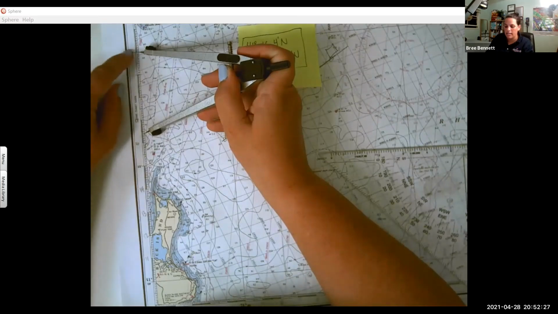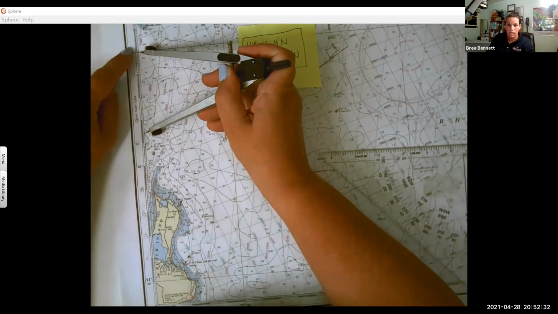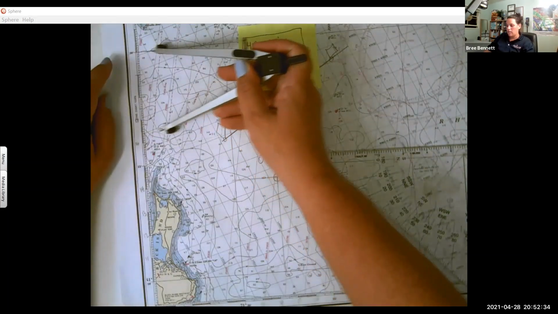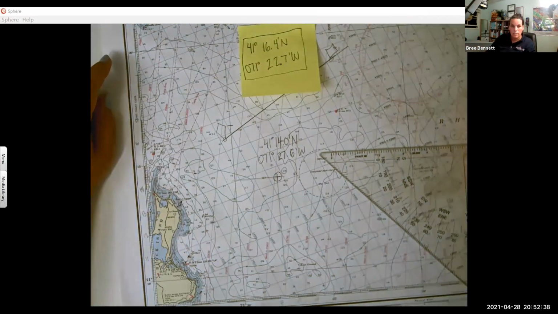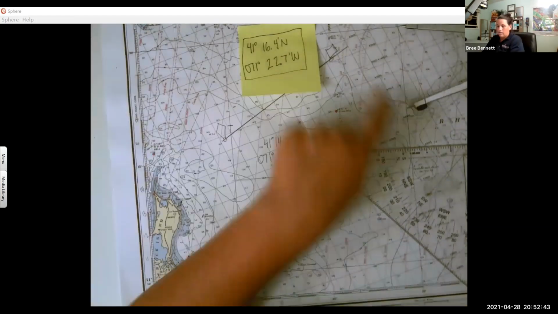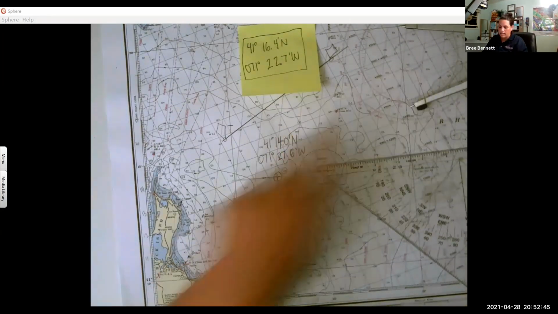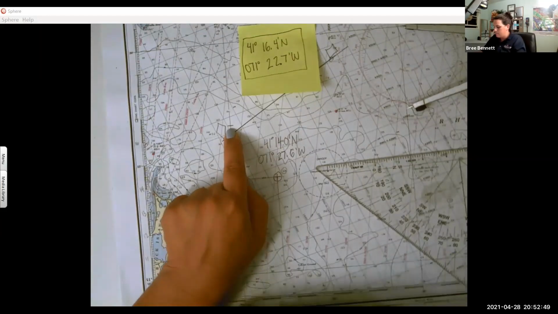So my bold line is at 20 and 10. So my closest one is going to be here at 20. So if I go all the way across the chart, it's going to be the same line. So I'm going to mark it on this vertical line. I did already mark it on that vertical line, but I'm going to mark it on this one.